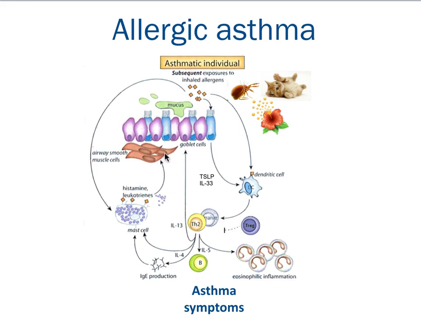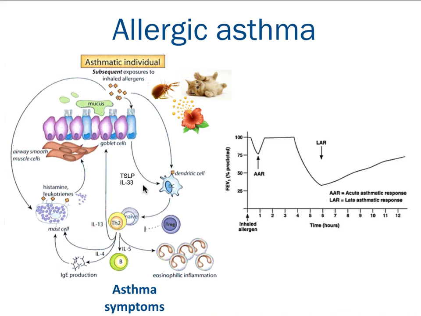Also, you get proliferation of airway smooth muscle cells that will contract and make you feel short of breath. And this basically leads to the symptoms of asthma that we know. If somebody who's asthmatic inhales an allergen, what you usually see is an early response and a late response.